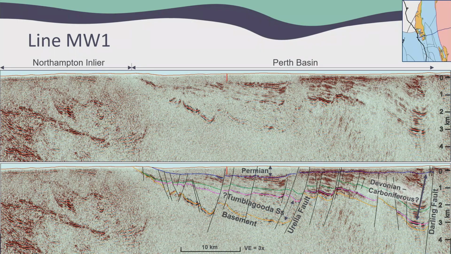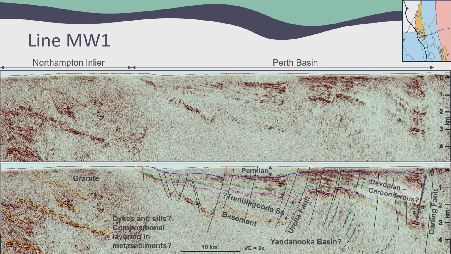Focusing back onto the basement to the Perth Basin, we can see these steeply dipping reflectors, which we've interpreted as the Proterozoic Yilgarn Basin. In the west, we can see the Proterozoic Northampton Inlier, which displays strong easterly dipping reflections, which are consistent with the metamorphic fabrics mapped in outcrop.